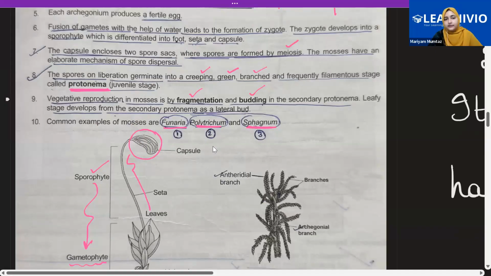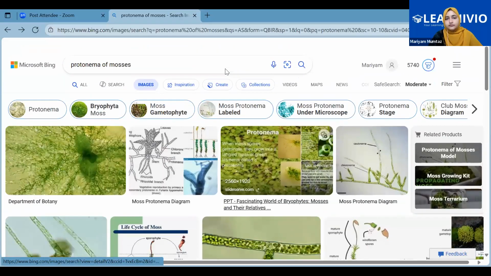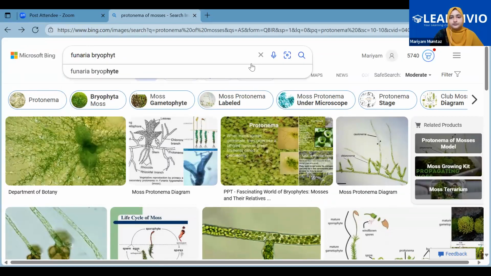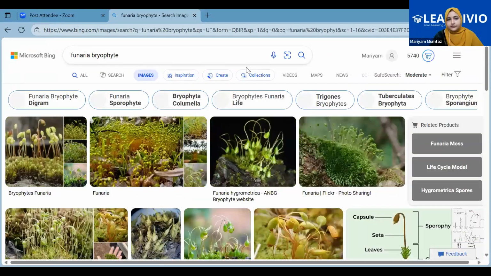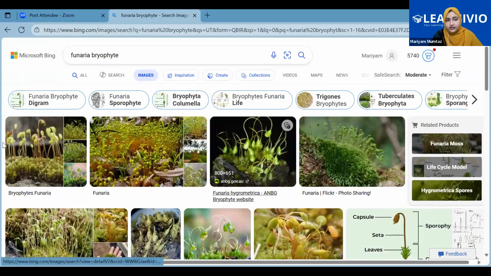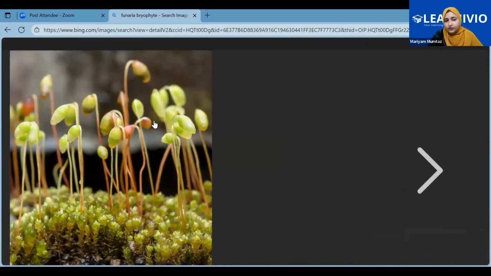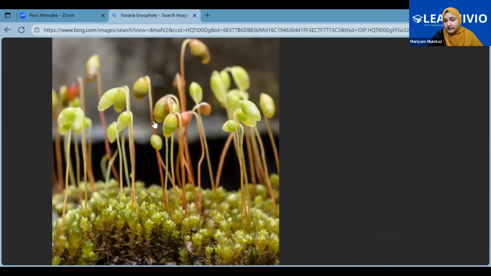So let's just see Funaria also. This is the picture of the Funaria. Now the foot, seta, capsule that was being shown to you, this is how it looks in real life.